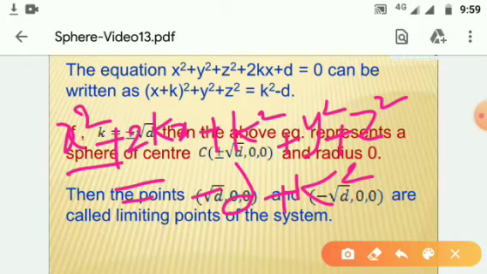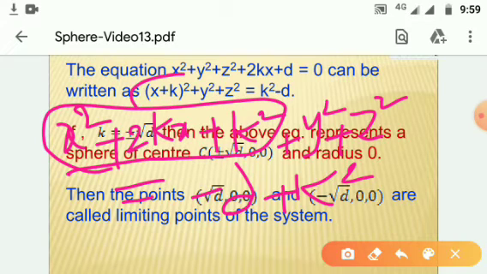Therefore x square plus 2kx plus k square gives us x plus k whole square.